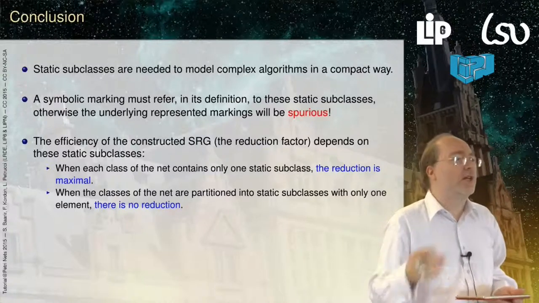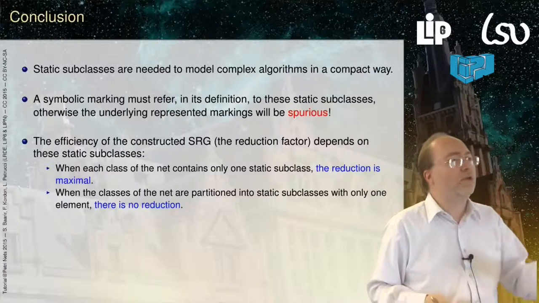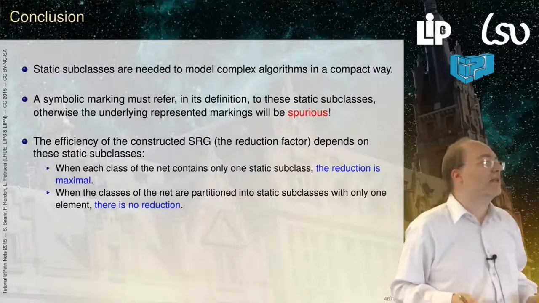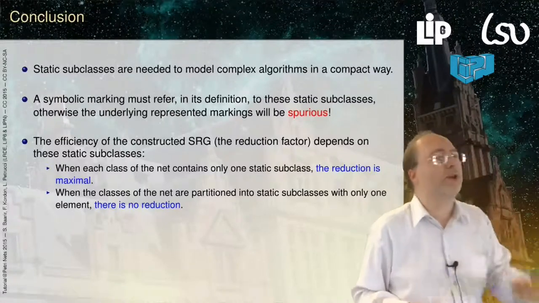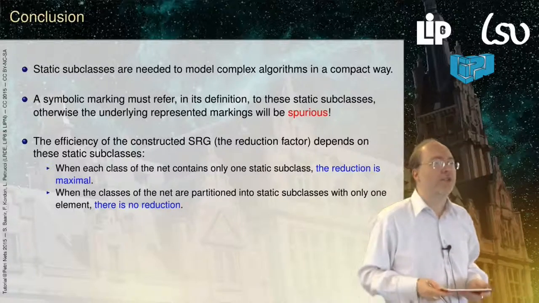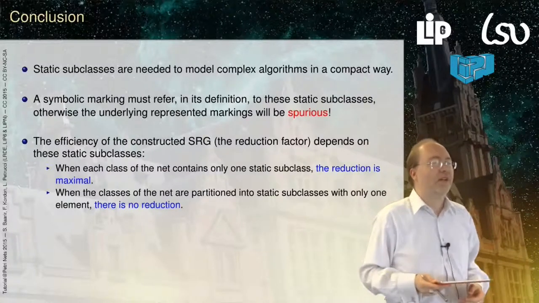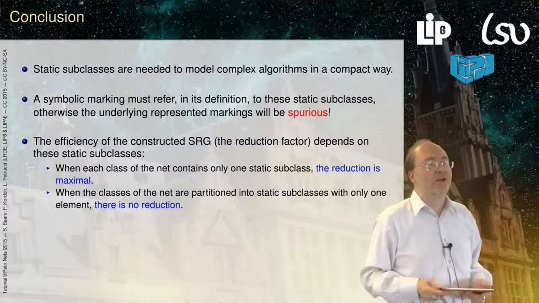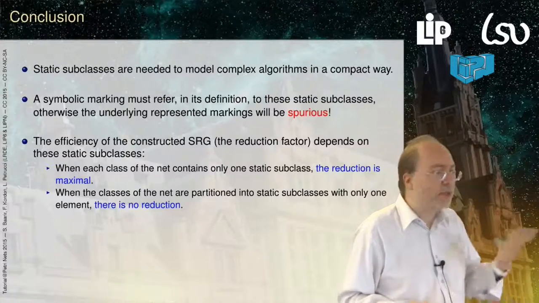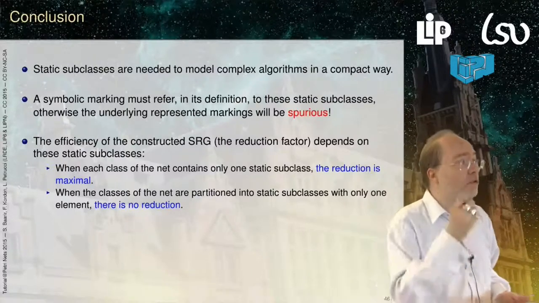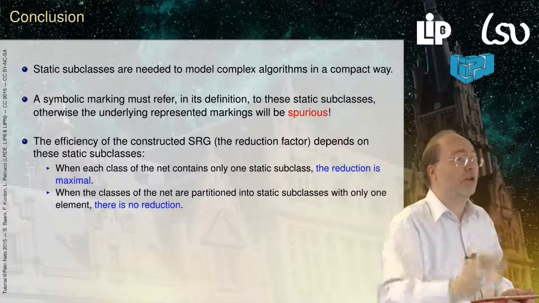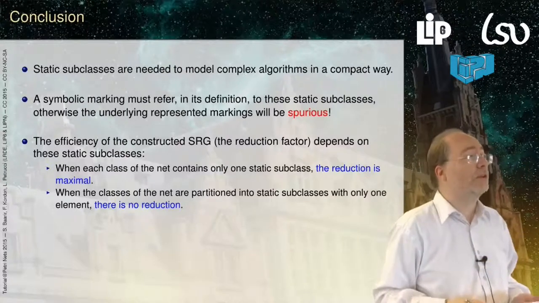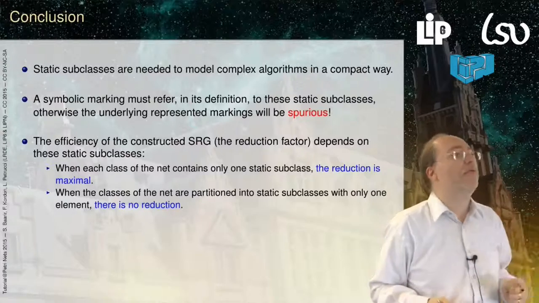If you are in doubt, then reduce your static subclasses to singleton. Then you're sure that it's maybe not as efficient as having smart subclasses, but it's correct, it remains correct. Otherwise, you have to be sure that the thresholds really make the subclasses appropriate.